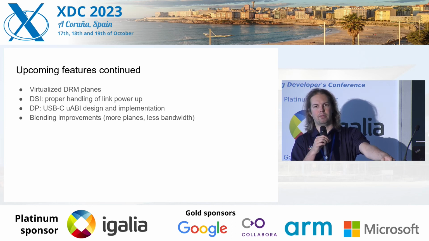There is a panel driver and a DSI host that should work together, but neither of them knows if the DSI panel uses this flag, or if the panel expects to be powered and at which point. So we are now trying to get this sorted out by explicitly telling the DSI host, please power on the link, we want to send commands. This is on the mailing list, and I would like to hear your comments.